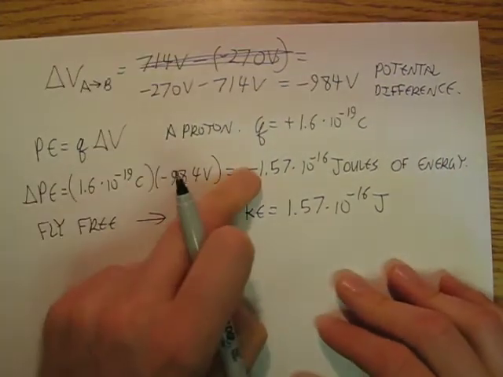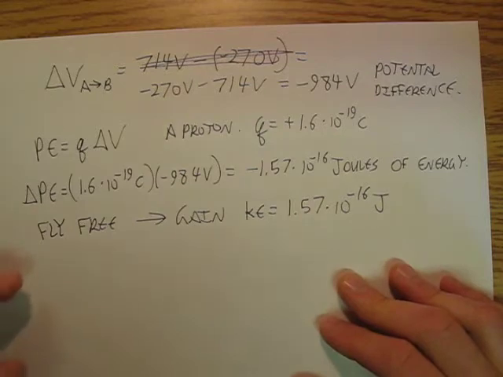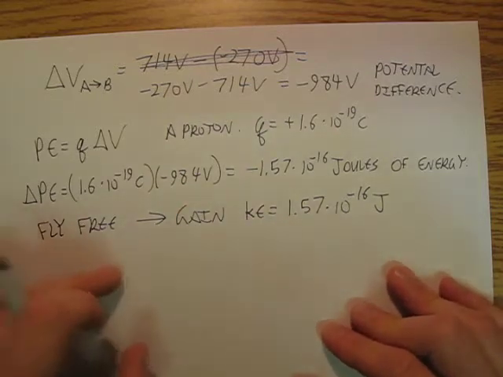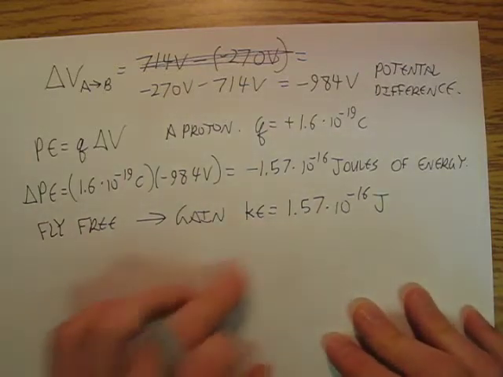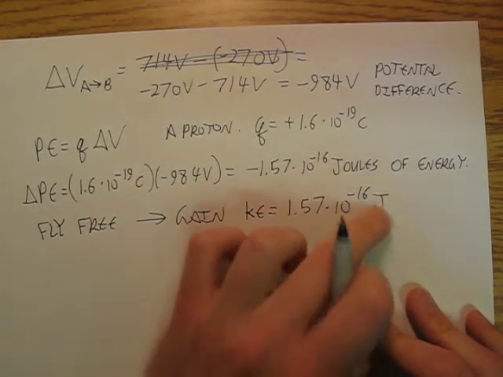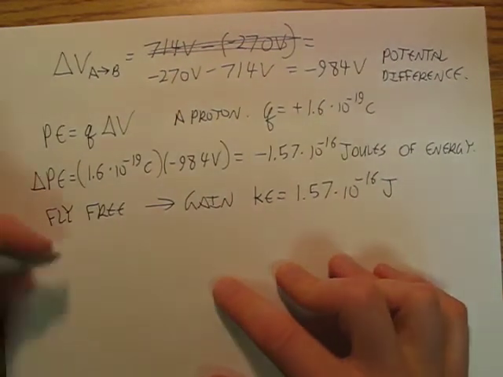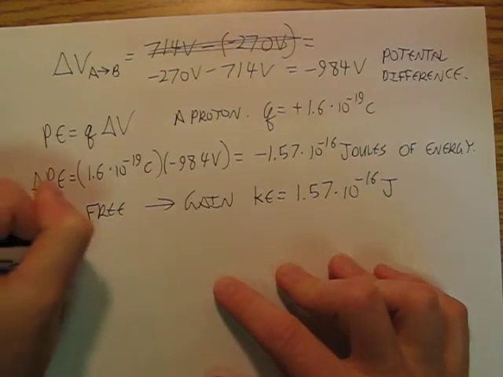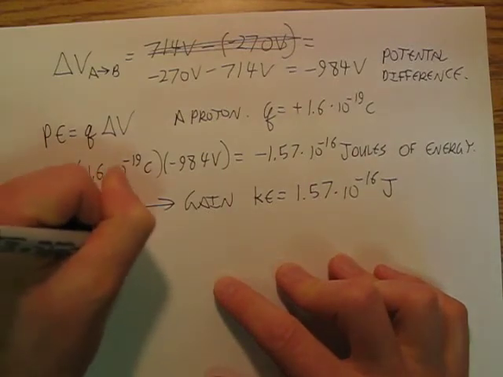So where did that energy go? Well, if I'm just letting the proton fly from one point to another point, it's going to gain 1.57 times 10 to the negative 16th joules of energy. And I plug that into KE equals 1/2 mv squared.